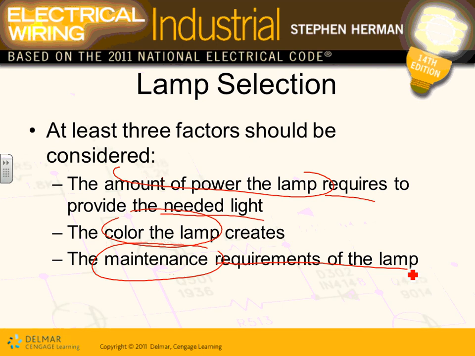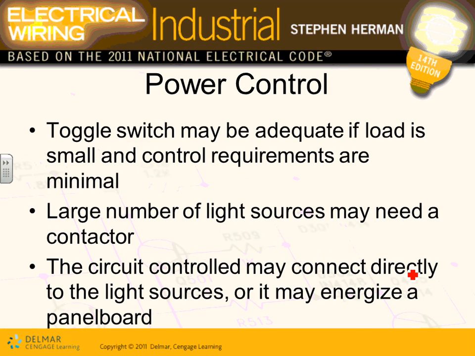Any comments, guys? Any questions about selecting the lamps? How efficient the lamp is, how good the lamp is at distinguishing between colors, because we need to distinguish between cars, and also how much it's going to cost us to maintain this lamp over the life of this fixture, which could be 40 years, changing the ballasts on the lamps. You don't want to put it in a place where it becomes high maintenance.